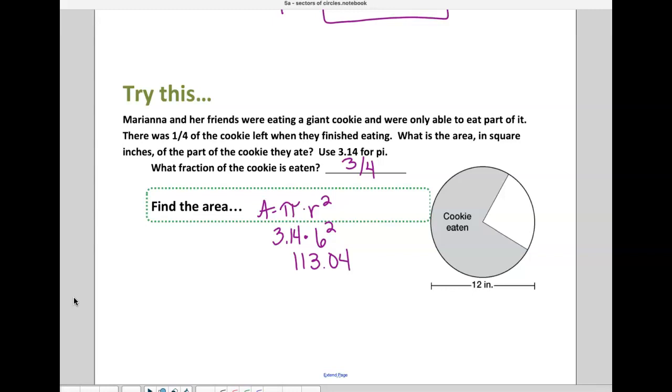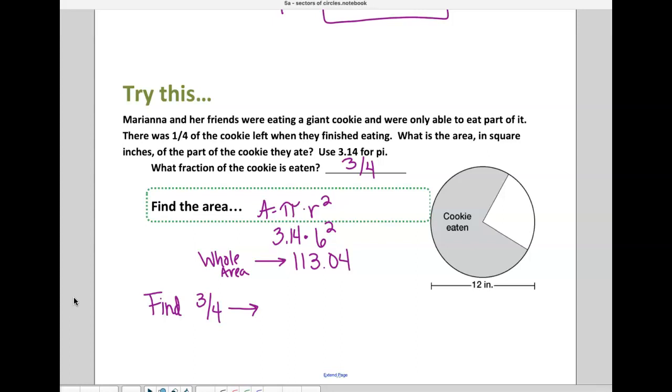How am I going to find 3/4 of that? Because this is the whole area. I don't want the whole area. I want 3/4 of it. So now we need to find 3/4.